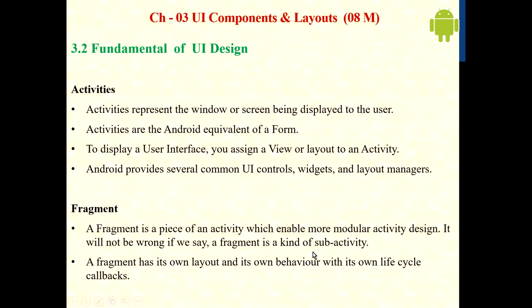Okay, so it is a small activity. A fragment has its own layout and its own behavior with its own life cycle callbacks. Okay, so fragments we see in detail in some next chapter. Life cycle and all the details about fragments we see in the fourth chapter, I think.